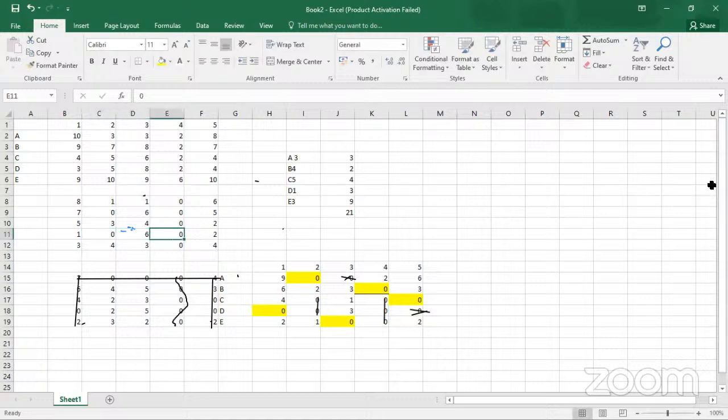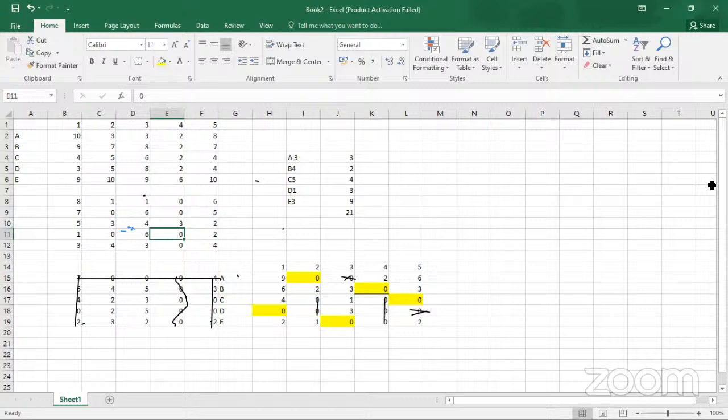Are you able to see the zeros' positions? I have a 0 in the second row, second column; second row, fourth column; fourth row, second column; fourth row, fourth column.